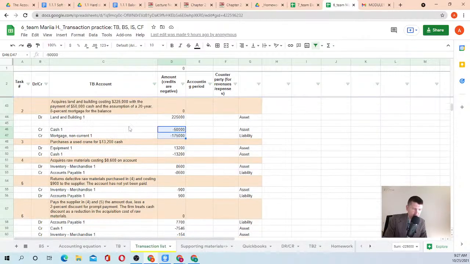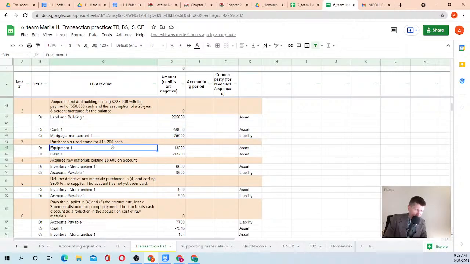The other one is when you do credits negative. That one is more convenient for me because you see pretty much immediately if your entry balances, if your debits equal your credits. You just sum up the total and you see 0 here. So that way you see that your entry balances.